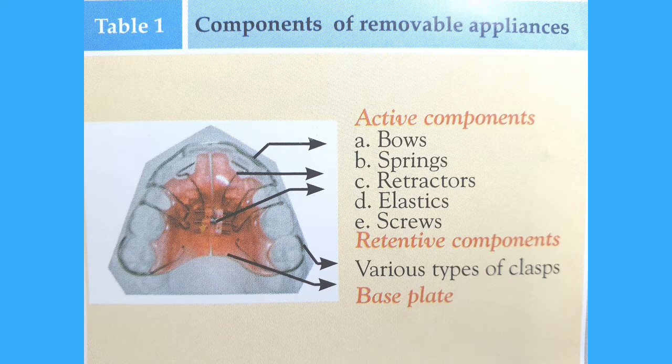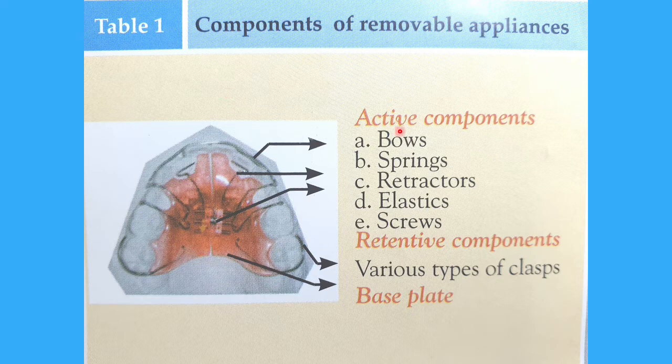Okay, these are the components of removable appliances. We have three basic components of the removable appliances, which is the active components, retentive components, and acrylic base plate. Okay, in some other books, they will be given acronym of ARAB, A-R-A-B.